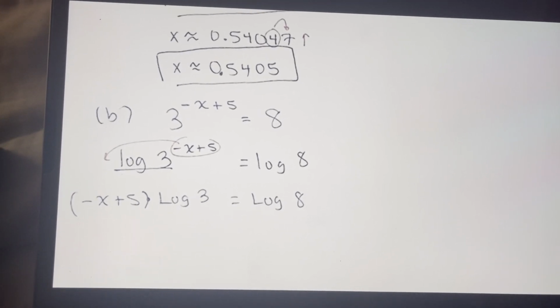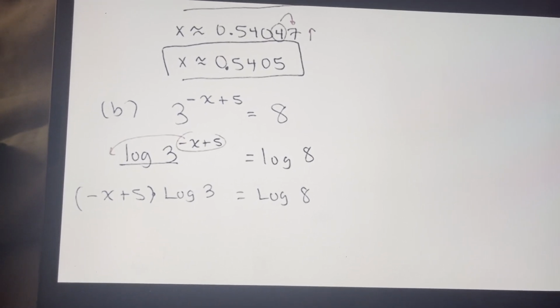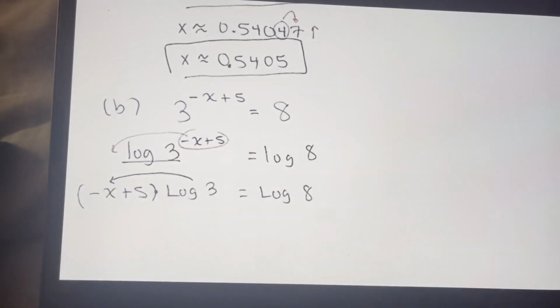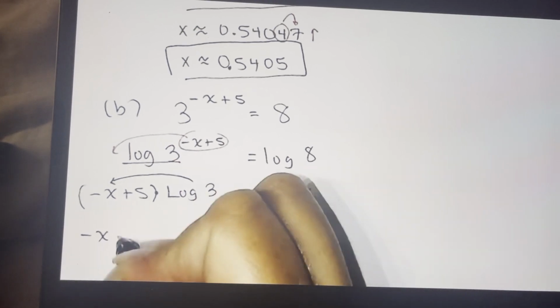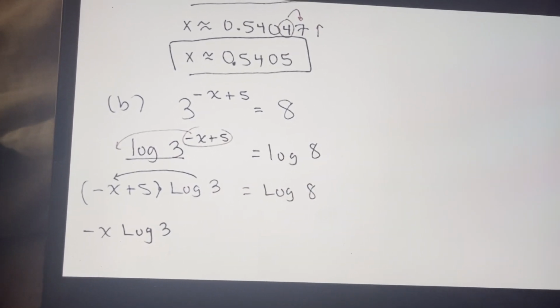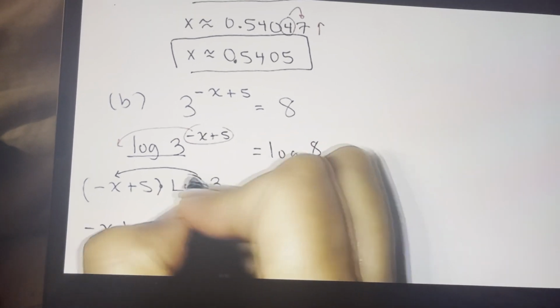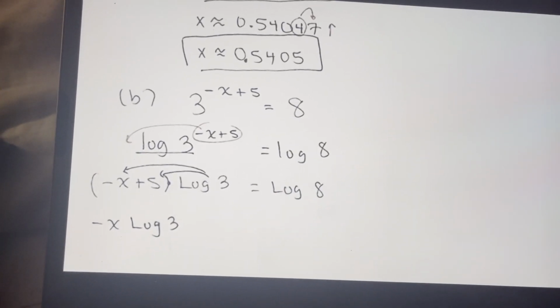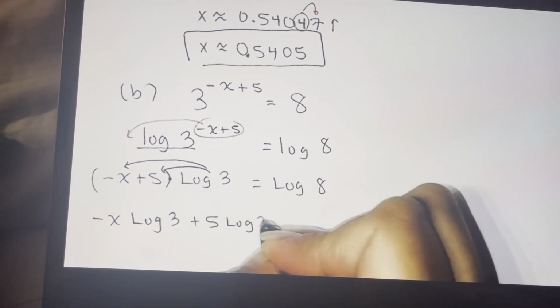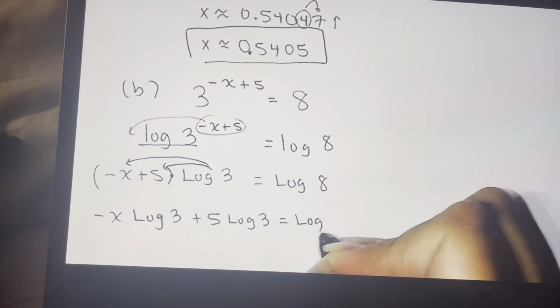For me, I'm in the habit of clearing the grouping symbol. So let's go ahead and distribute. Log 3 times the first thing that we see will give us negative x log 3. One product down, one more to go. Log 3 times 5 is just log 3 times 5, but we'll put the 5 before. 5 times log 3 equals log 8.